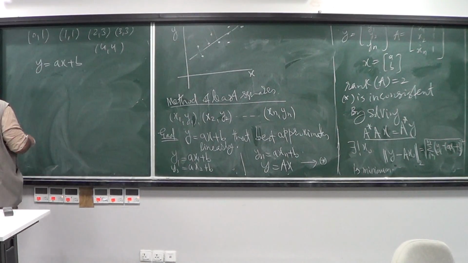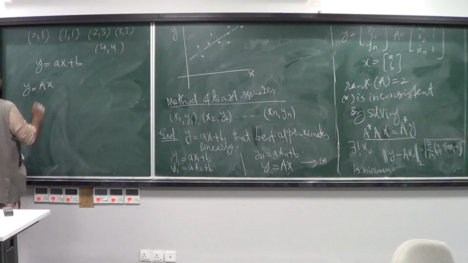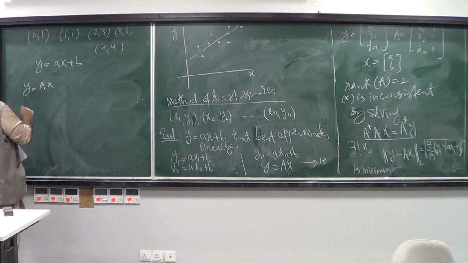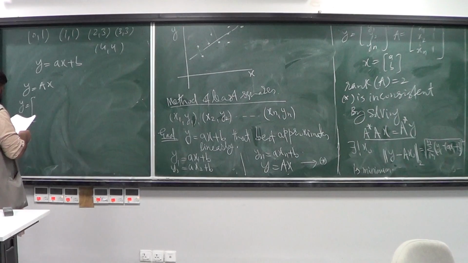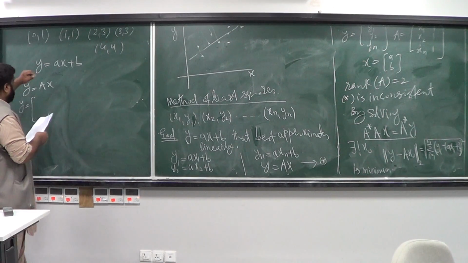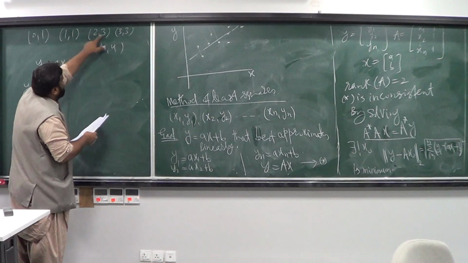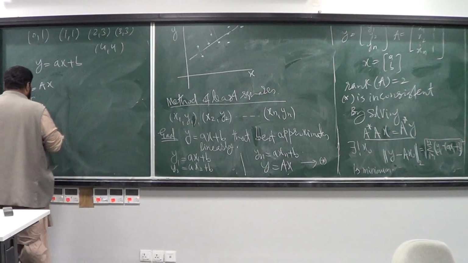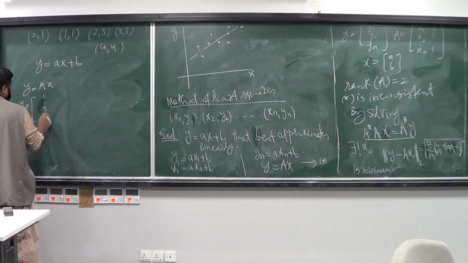So how can I find it? I need to solve a system y equal to Ax, where the y's are these values: 1, 1, 3, 3, 4.